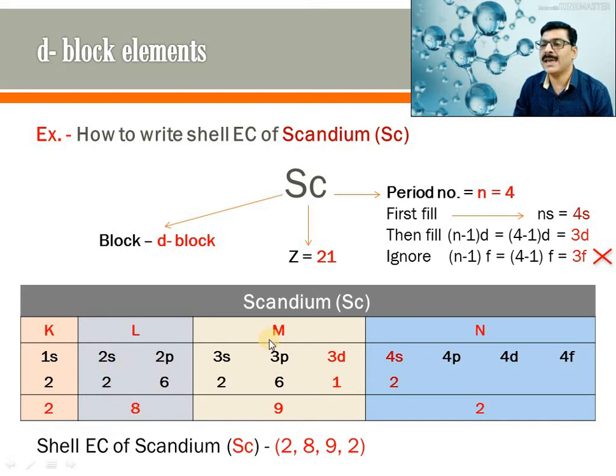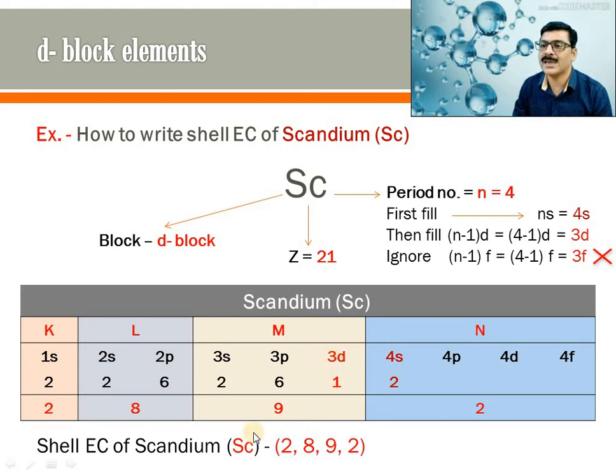M shell contains 3s, 3p and 3d, and 3d you have to fill after the 4s. Remember here. So first we fill up the 4s, and 4s is present in N shell. So here 4s contains 2 electrons, and then 3d you have to fill up with the remaining electron.